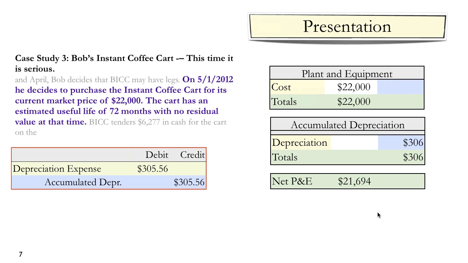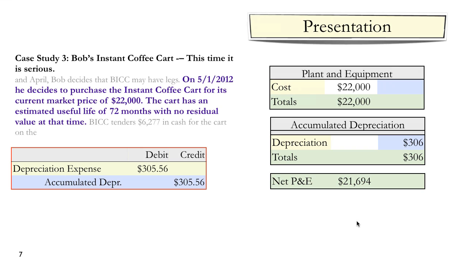Plant and equipment then is shown on a balance sheet as two separate accounts: the plant and equipment at cost, $22,000, and then the total amount of depreciation taken on the asset thus far, which is the credit balance in the accumulated depreciation.